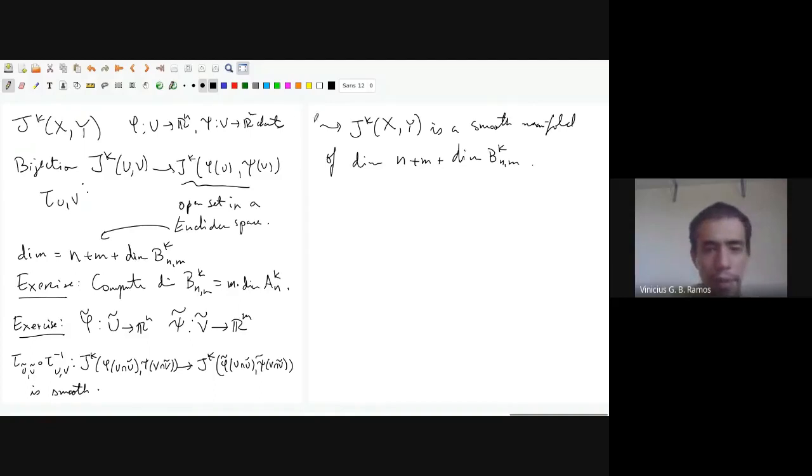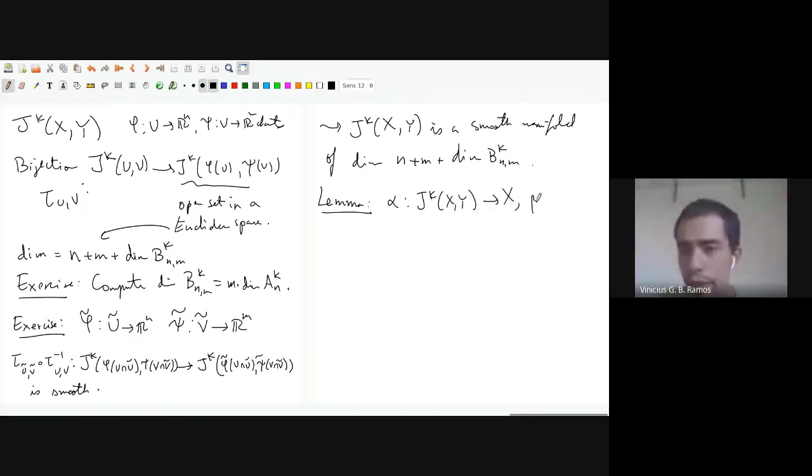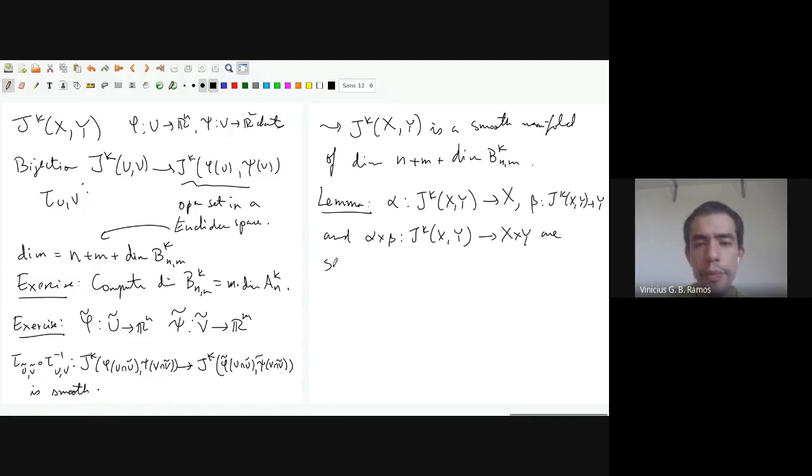And here's a lemma whose proof, again, I'm going to leave as an exercise, which is that, well, the function alpha, the source function, the target function, and even the product of the two, these are smooth submersions.